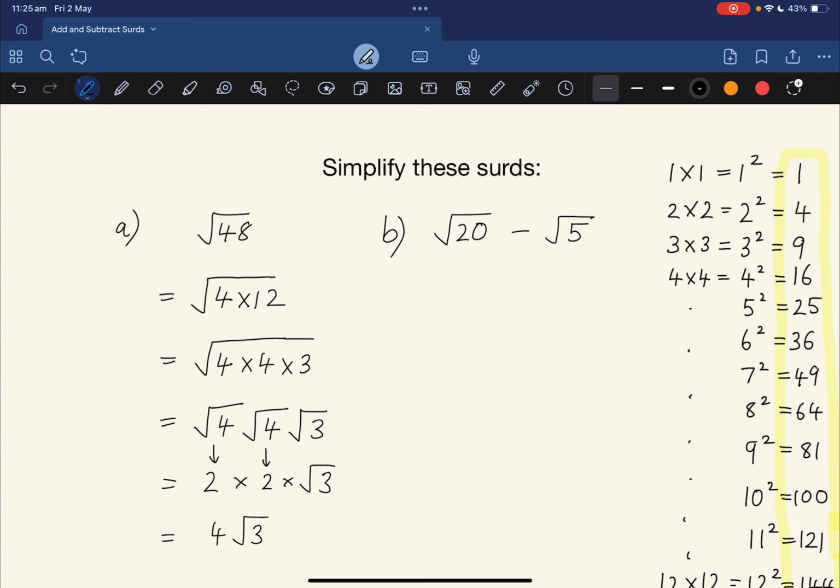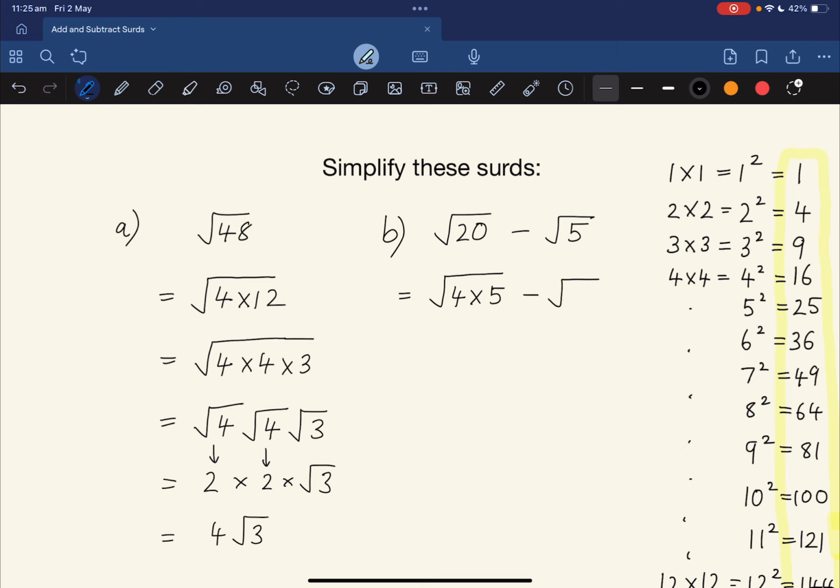Now let's look at the next one, root 20. Again, we want square numbers underneath the square root sign. So this is root 20, take root 5. Well, 4 is a factor of 20. That's nice. 4 times 5.